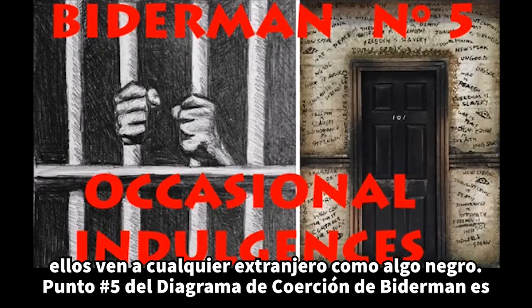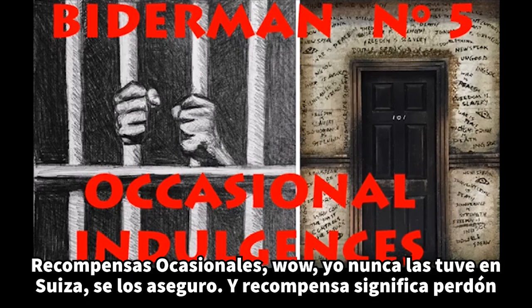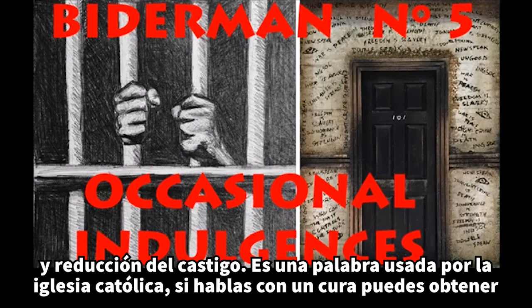Point number 5 on the Biderman chart of coercion is occasional indulgences. Well, I never had those in Swaziland for sure. An indulgence means forgiveness and reduction of penalty. It's a word usually used by the Catholic Church.